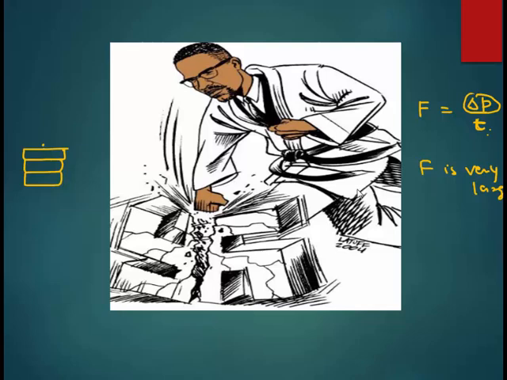But if the same glass were to fall on a hard wooden floor, the velocity would become zero within a very short time. Therefore a large force would get applied on the glass and it would break.